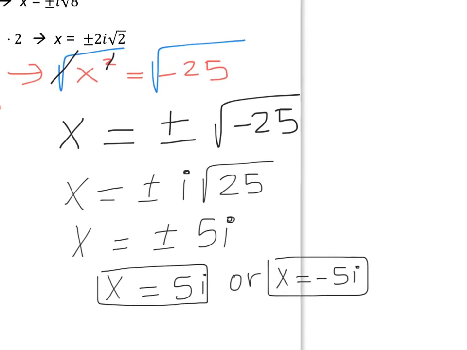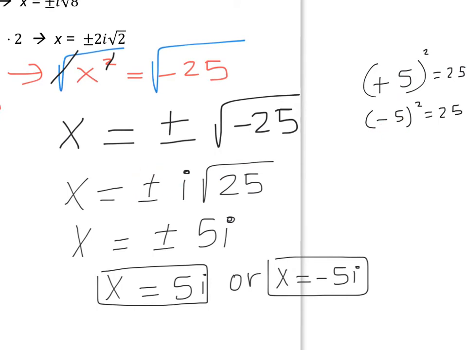Why do I put plus and minus from the beginning? Because if I have plus 5 and I square it, I get 25. And if I have minus 5 and I square it, I get 25. So every time I need to get a 25, I have to remember that my answer can either be plus or minus the 5. There you go, plus or minus.